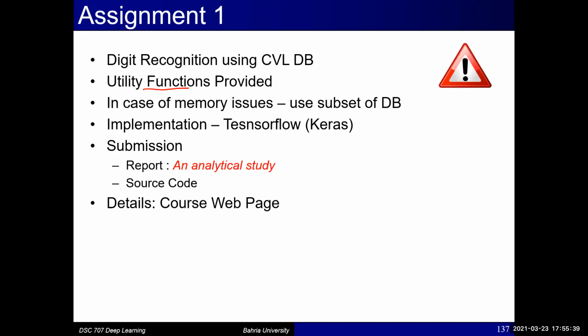Although there will not be any problem, but still, if any one of you find a problem of memory, there's no need to use the complete data set. You can use a small subset of a data set, like, for example, only 500 images per class and so on, okay?